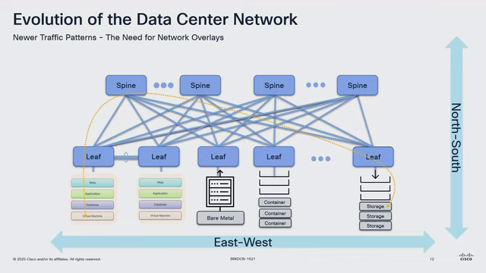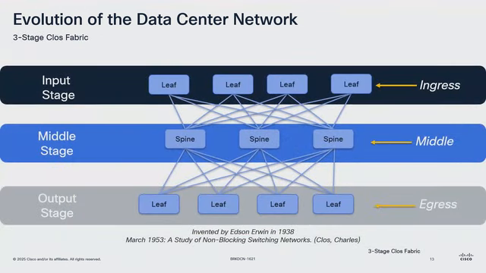We essentially have a two-tier leaf-spine architecture that was really developed so the traffic flows are very deterministic, low latency, single hop, right? And there was a gentleman in 1953, his name was Charles Clos. So who here has heard of a Clos fabric? Sometimes they say Clos, but essentially this is the two-tier fabric.